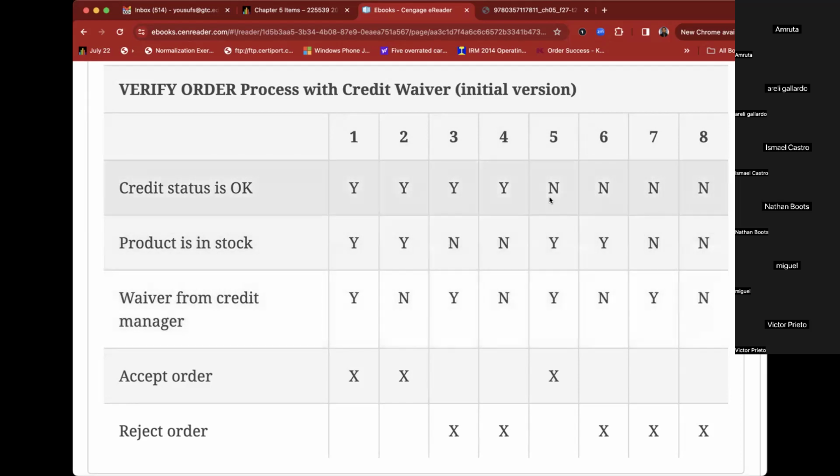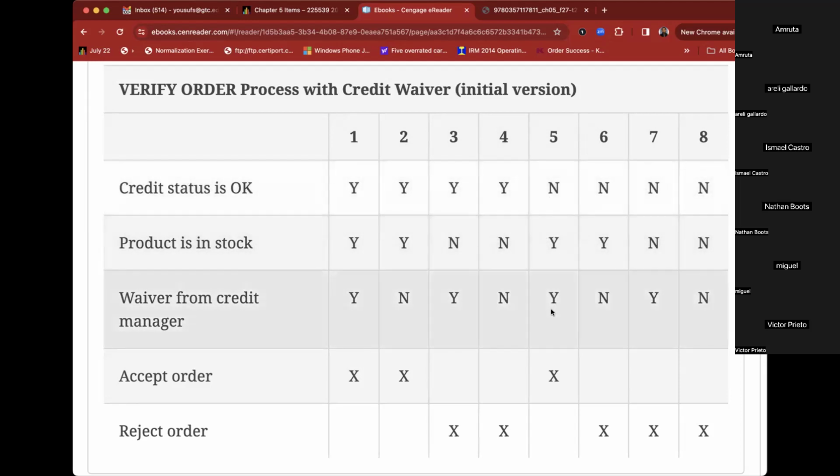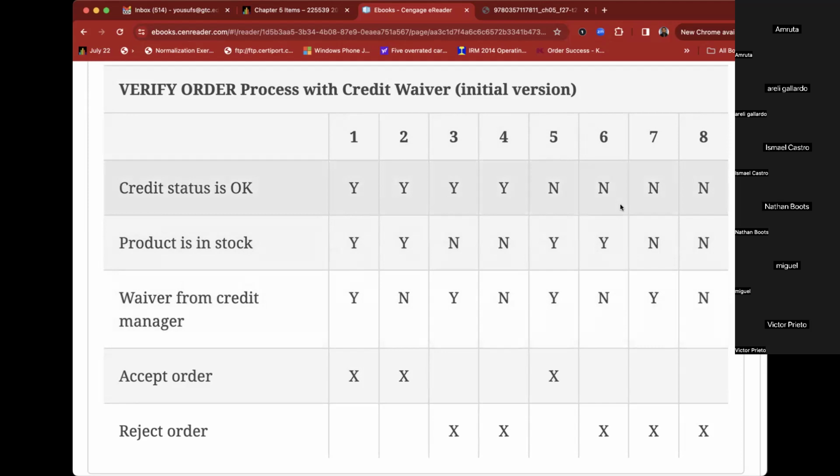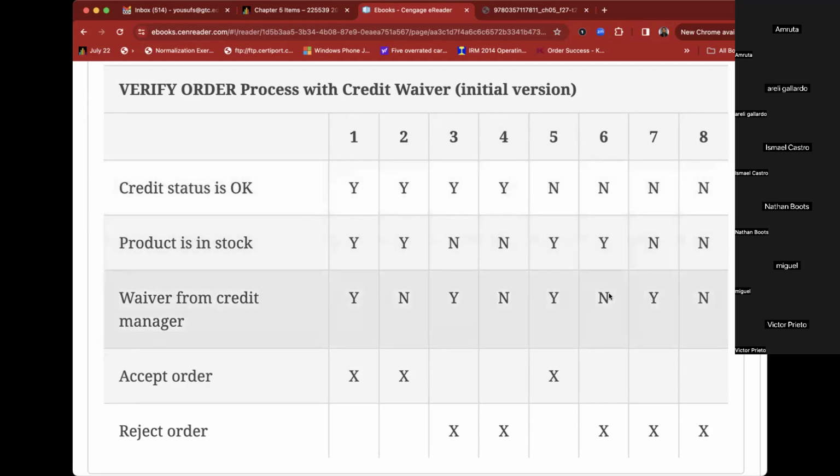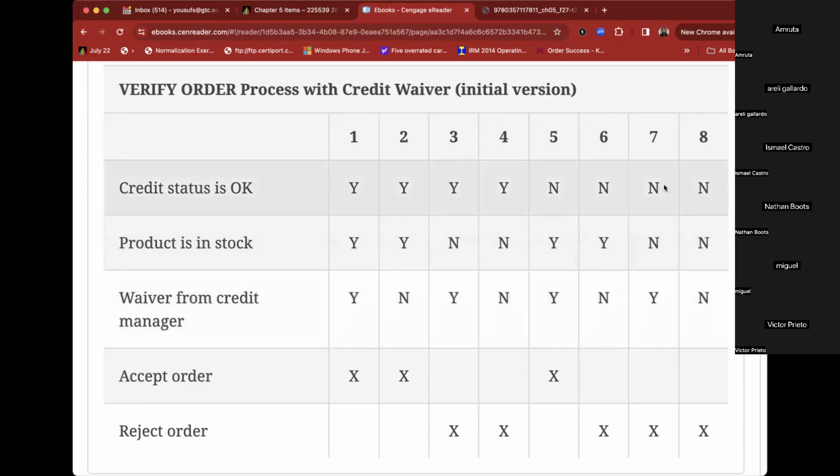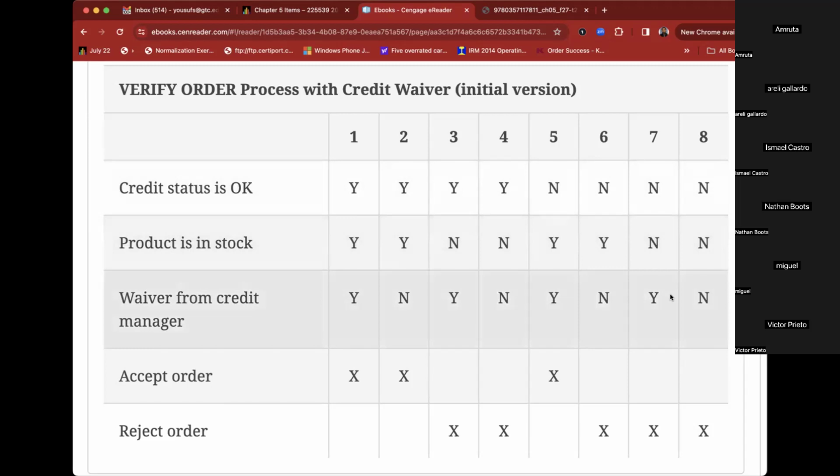Next condition, credit is not okay, product is in stock, manager is willing to sign. Credit is not okay, product is in stock, manager is not willing to sign. Neither the credit is okay, nor the product is in stock, but manager is willing to sign. And the last case is everything is a no.